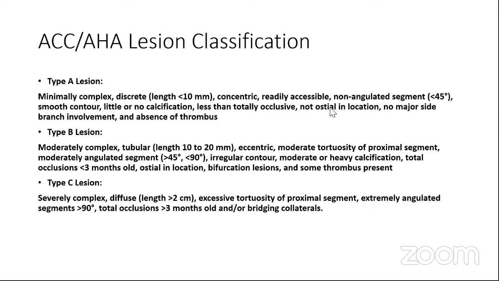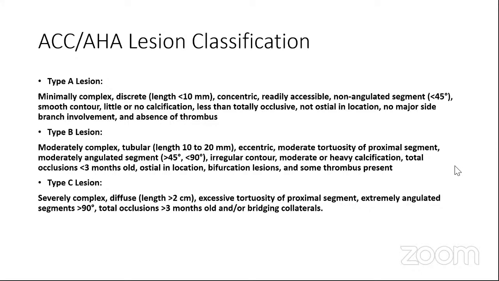Type B lesion is considered to be moderately complex: tubular, length 10 to 20 millimeters, eccentric, moderate tortuosity of proximal segments, moderately angulated segments, irregular contour, moderate or heavy calcifications, and total occlusions less than 3 months old. Ostial location, bifurcation lesions, and some thrombus can be present.